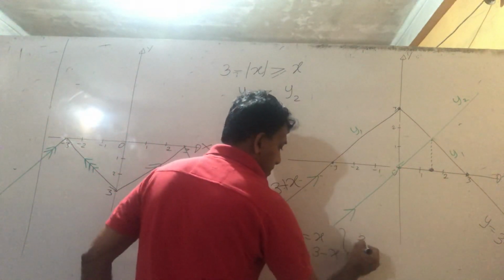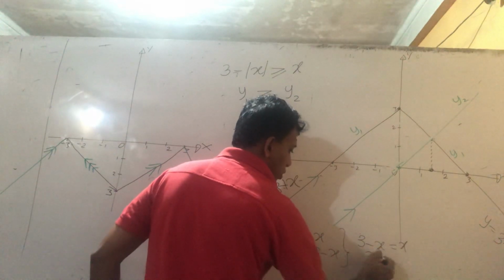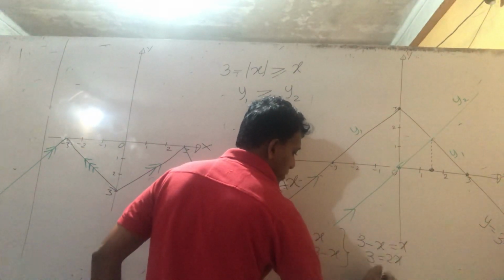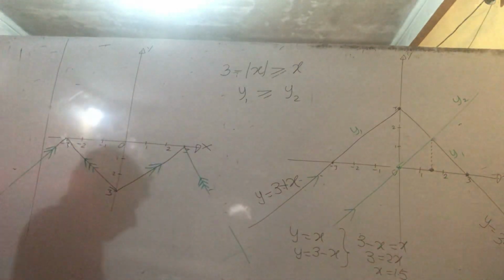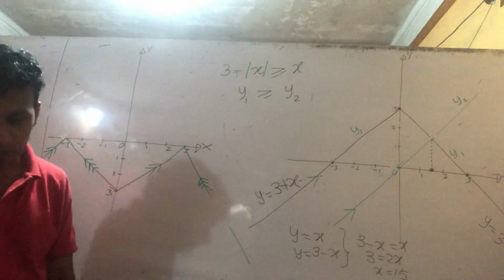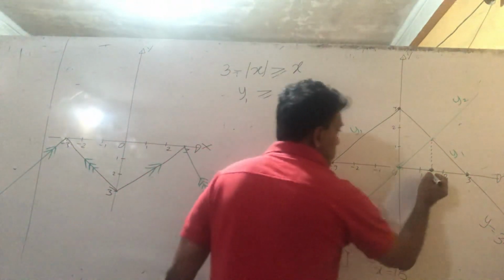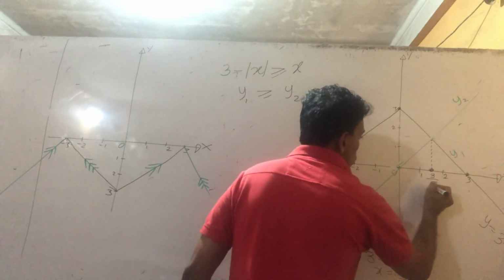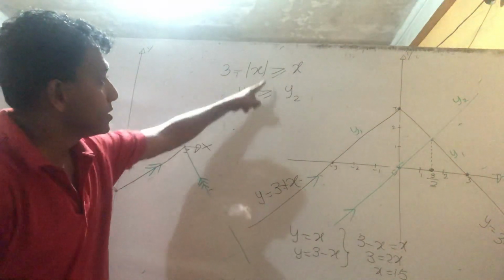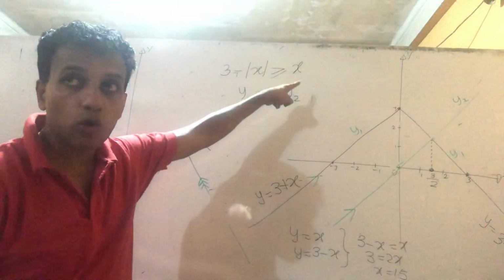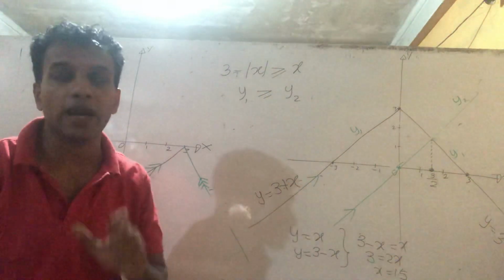So if you equate, 3 minus x equals x, so 3 equals 2x, x equals 1.5, or 3 over 2. Yes, for this part 3 over 2. Then go to the answer. The question is, this is greater than or equal to that. They ask for the positive solution.